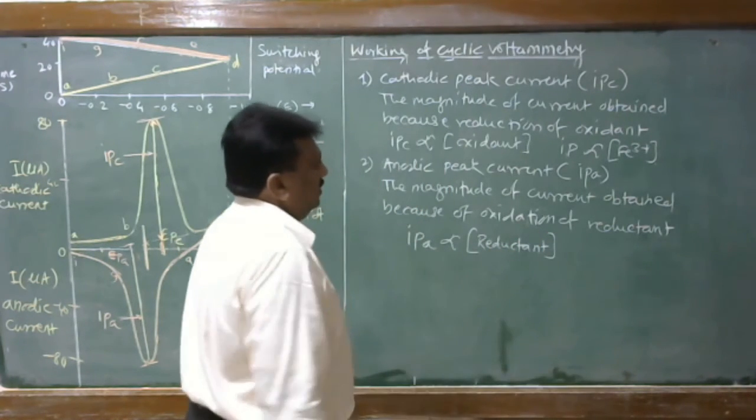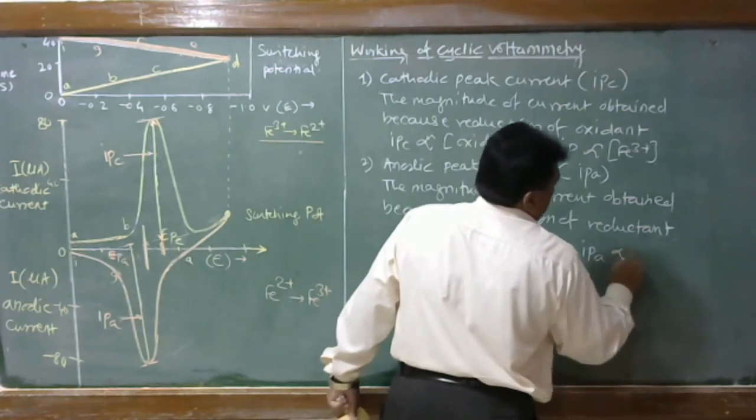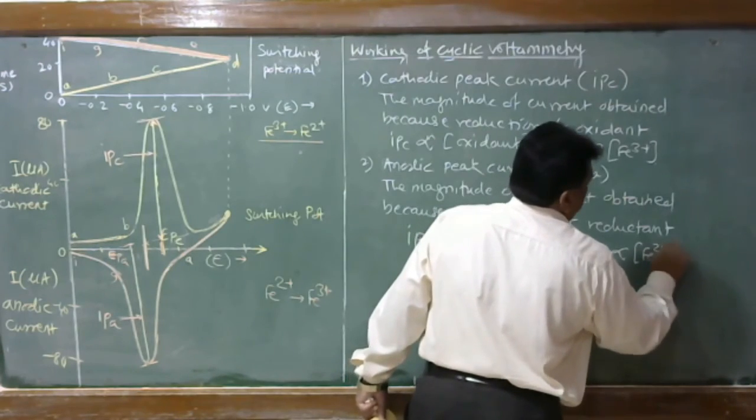That means here IPA is directly proportional to concentration of Fe2 plus.